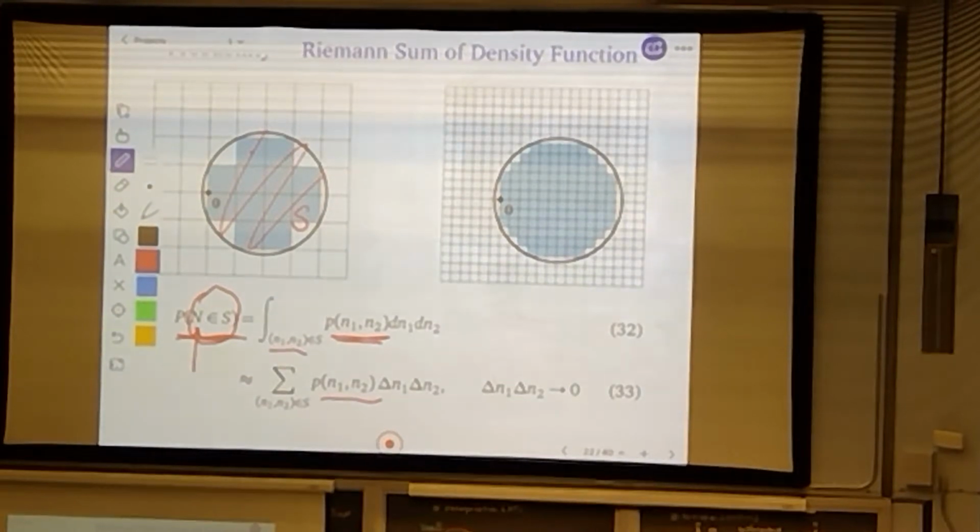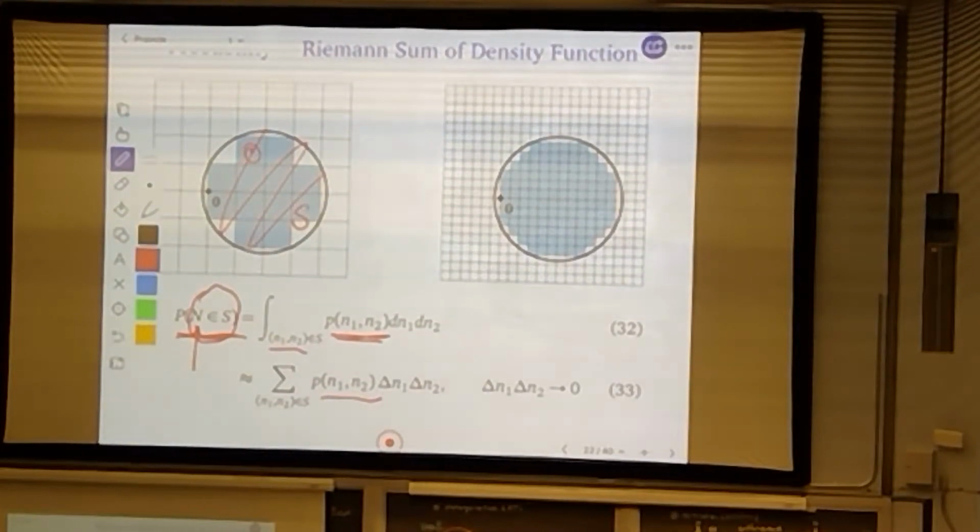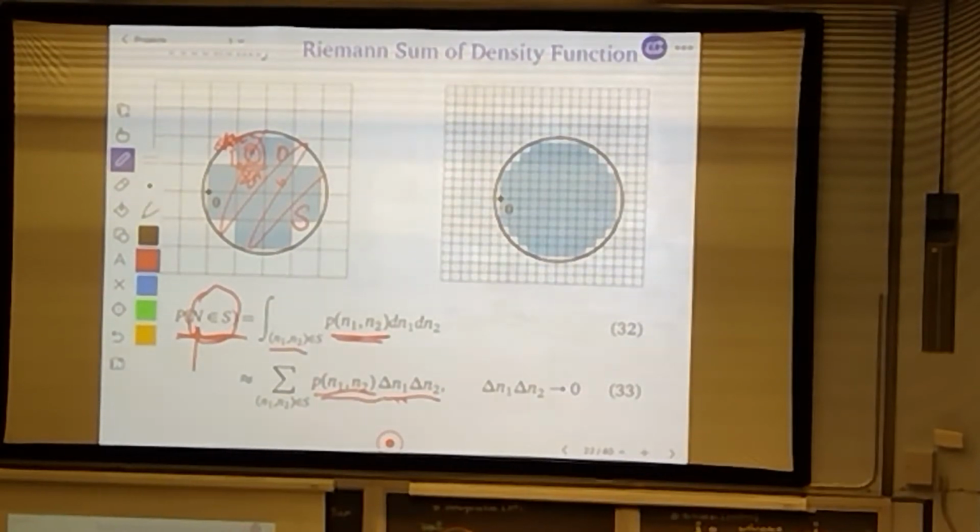For every grid cell within this area, each cell will have some value. I just use this value within the cell times this area. So this will be delta n1 times delta n2, which together give me this area. So I'm using this piecewise constant approximation.